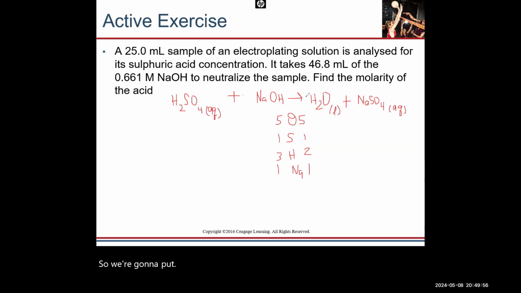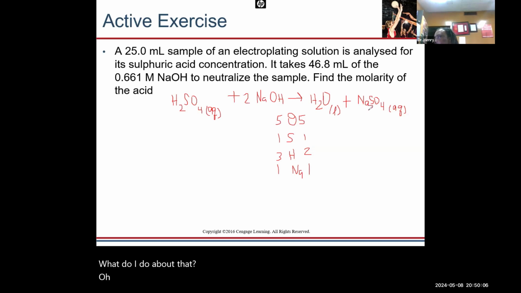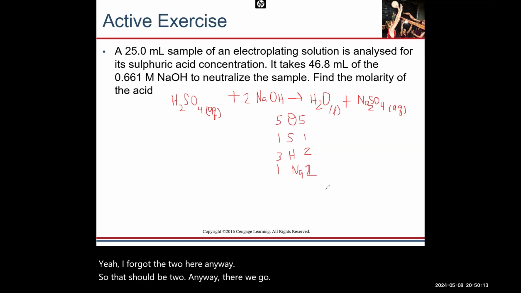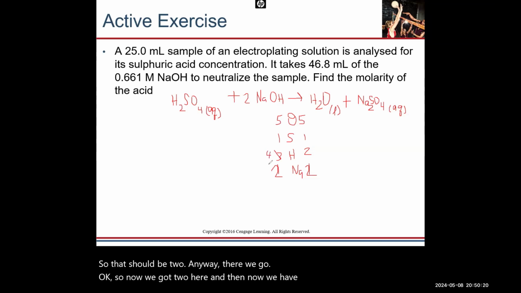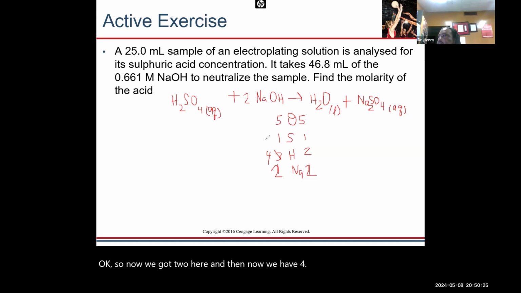Let's see, what do we do about that? I was thinking putting a 2 in front of the NaOH. Oh yeah, I forgot the two anyway. So that should be two anyway. There we go. Oh, there's a 2 there too. So now we got two here, and then now we have four. Okay, so then what's next? Then we have how many oxygens now? So that's what, six?